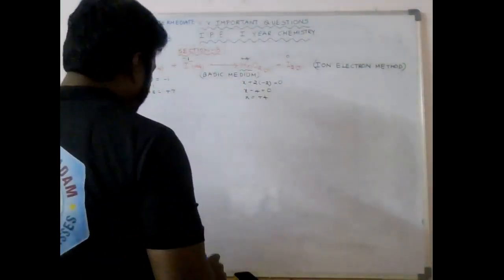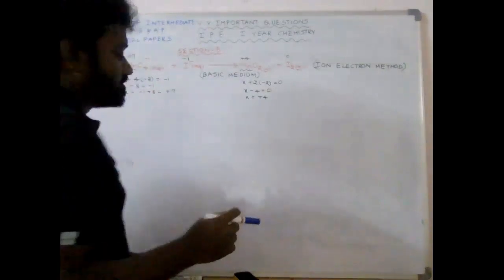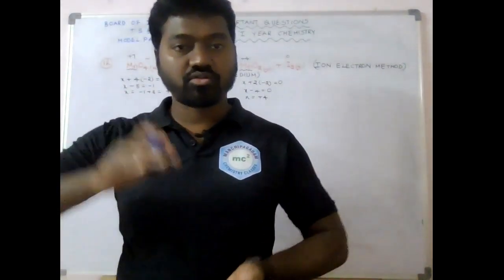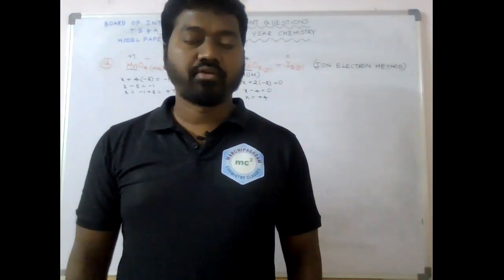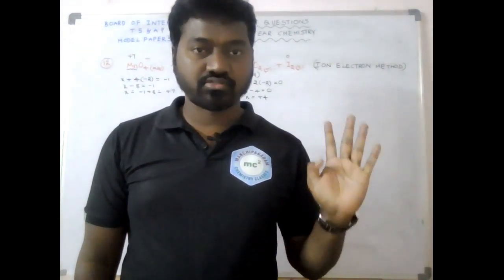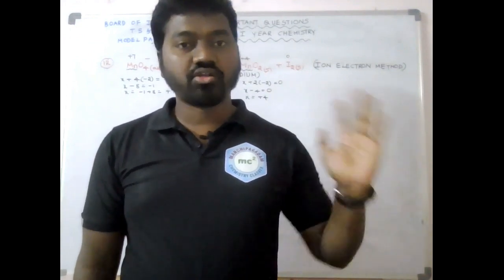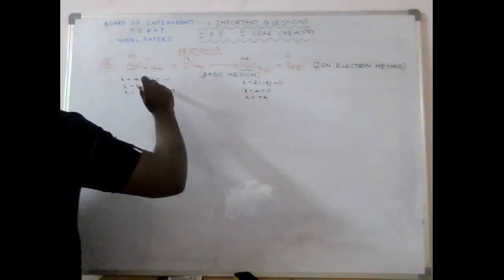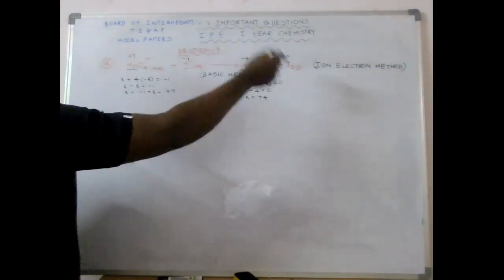Now the important thing is, this is a redox reaction. Redox reaction means both oxidation and reduction occur simultaneously. Now we have to divide the redox reaction into two halves: the oxidation half reaction and the reduction half reaction. Oxidation half reaction is where the oxidation number increases.